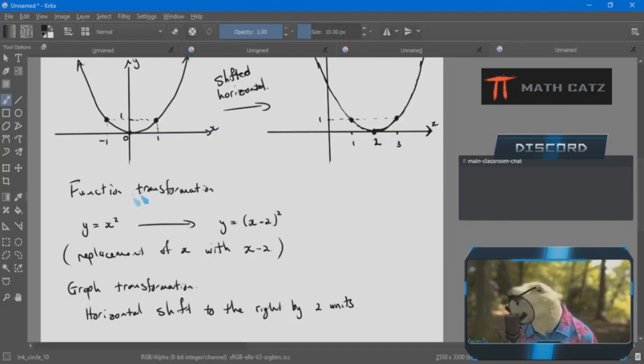And I have this replacement transformation that, regardless of how complicated this function originally might be, if I take out where the x is and I put in an x plus or minus a number, and that's all I do, then there is a predictable horizontal shift in the graph.